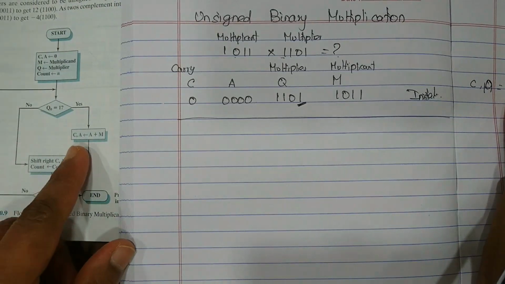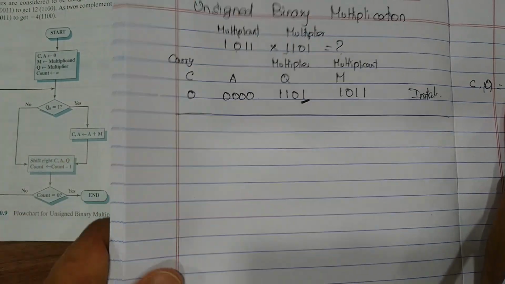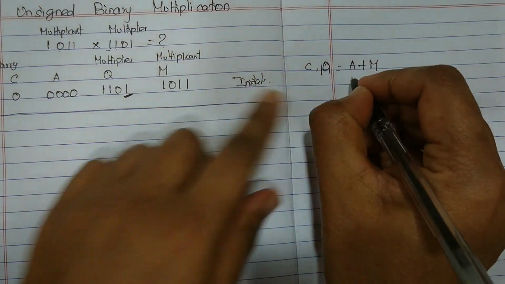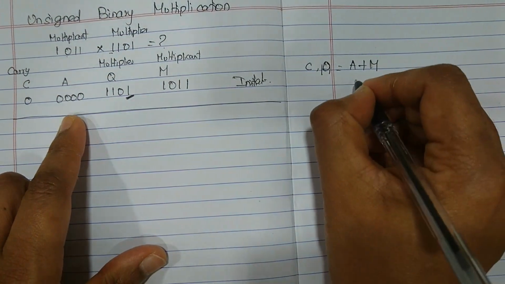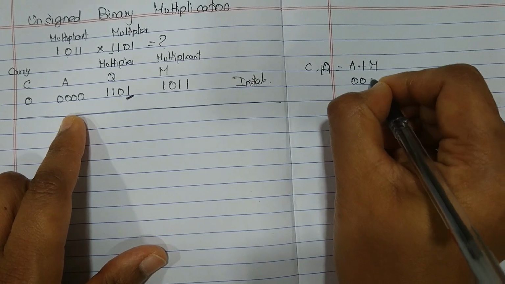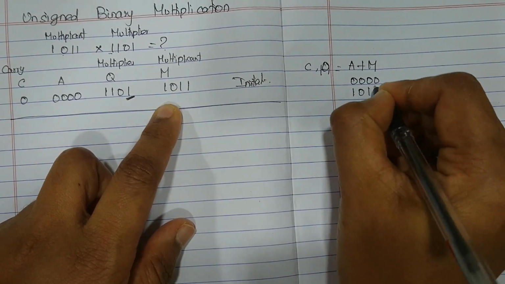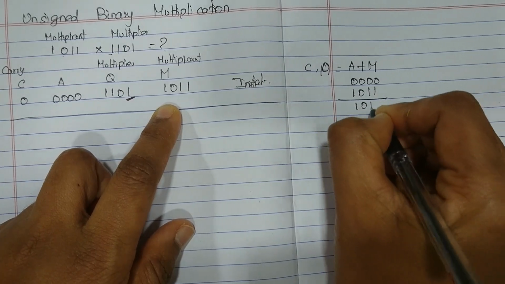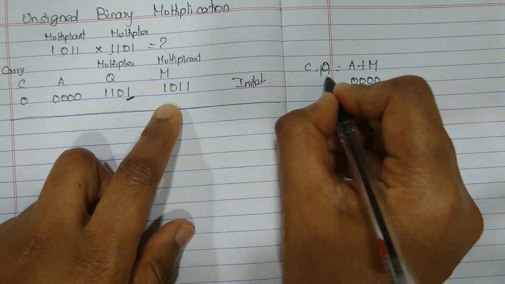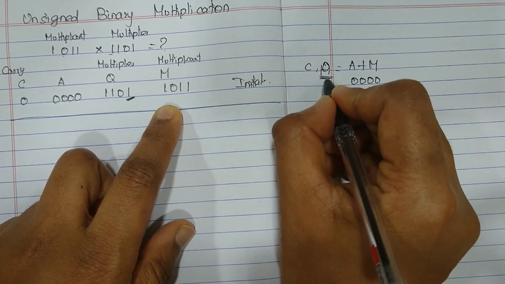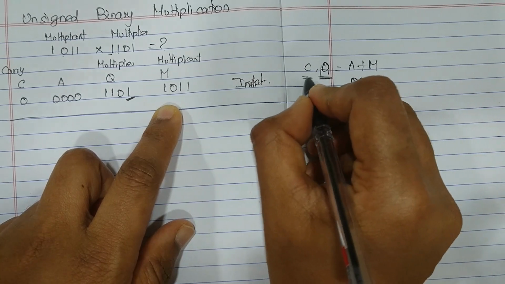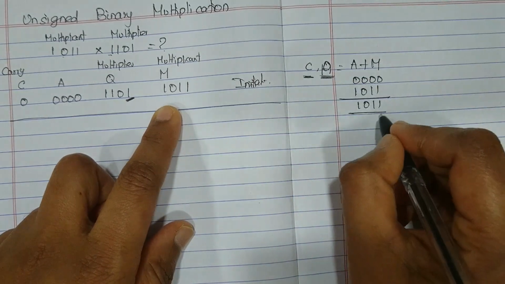In this example, A is 0, 0, 0, 0 and M is 1, 0, 1, 1. When you add them, you will get M again. So put it in this A. When you have a carry, put the carry bit in this register C. Here I don't have a carry.